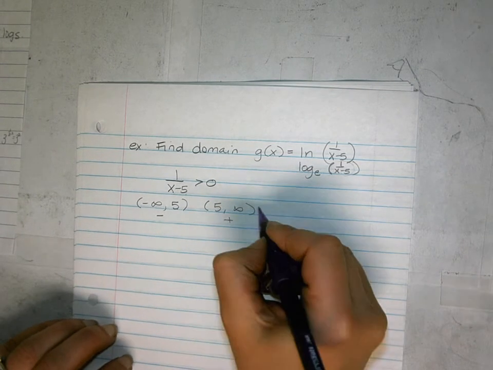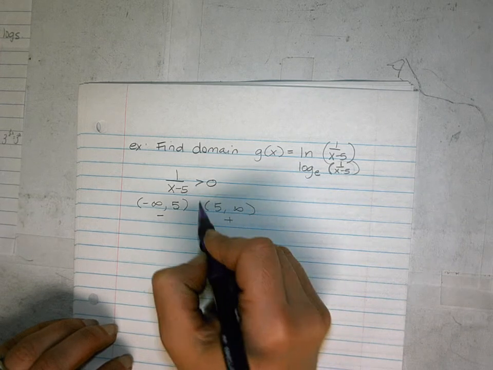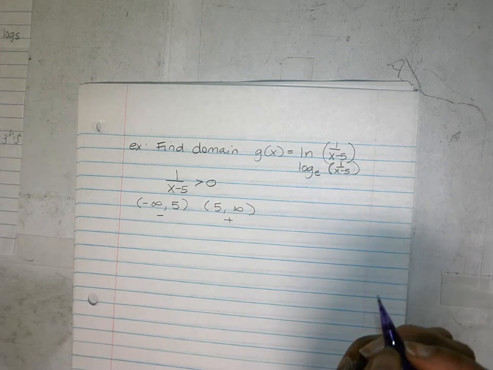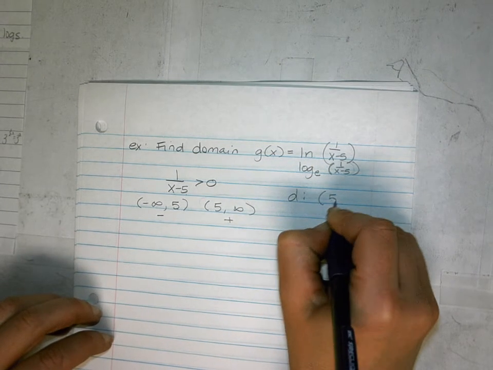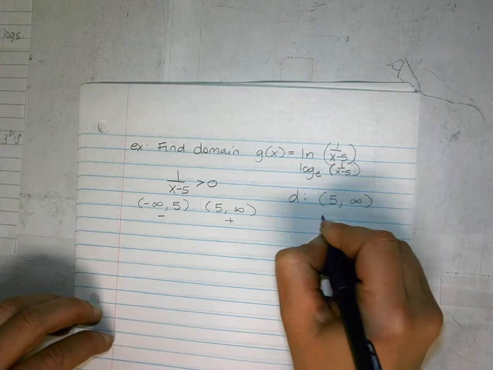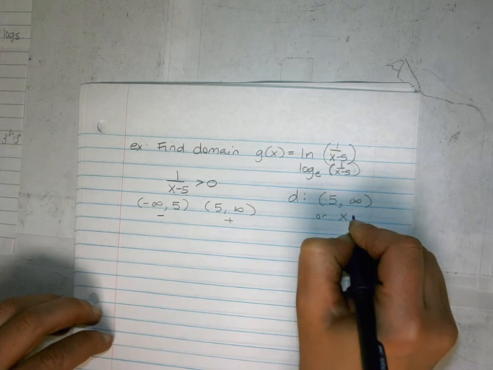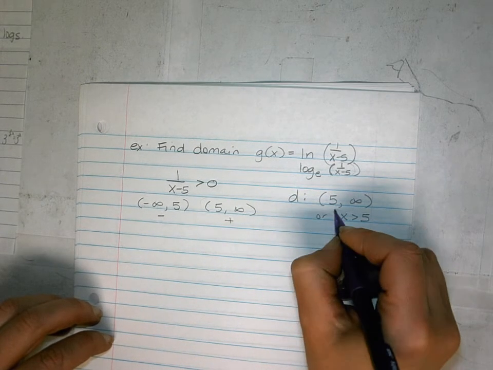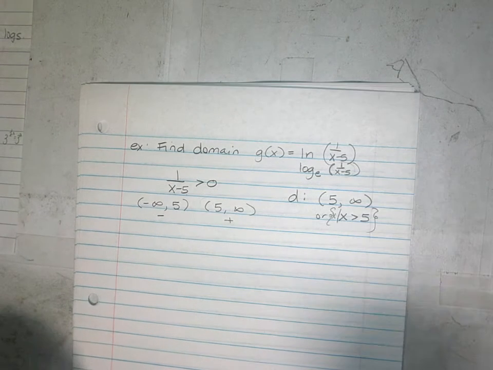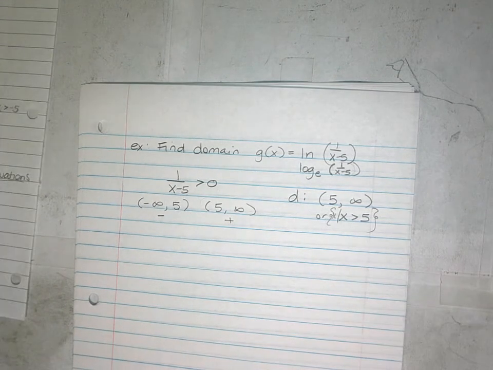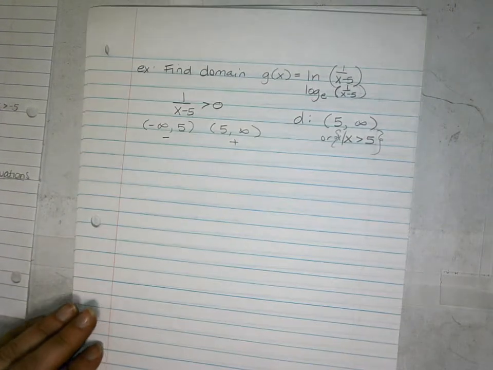Therefore, my domain is all numbers greater than 5. So my domain would be from 5 to infinity, or I could write it as just x is greater than 5, and we could do our interval notation as such. Okay, so that's one thing that you're going to be asked to do as well.